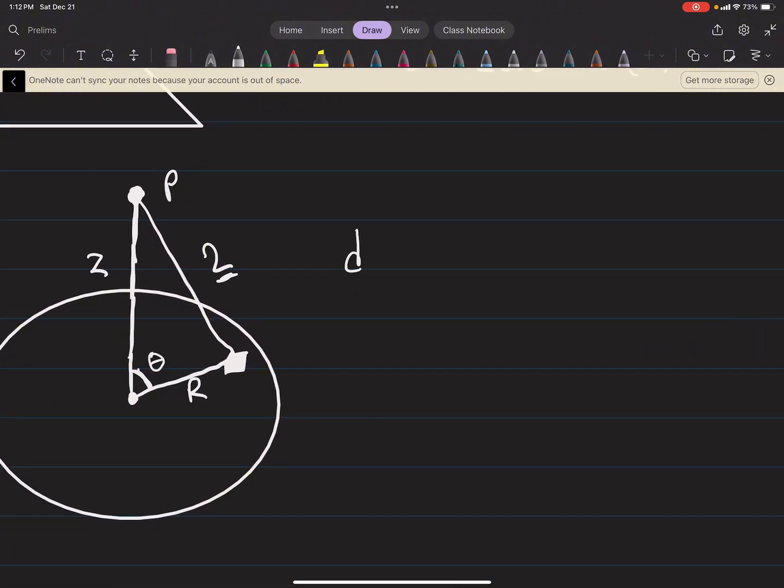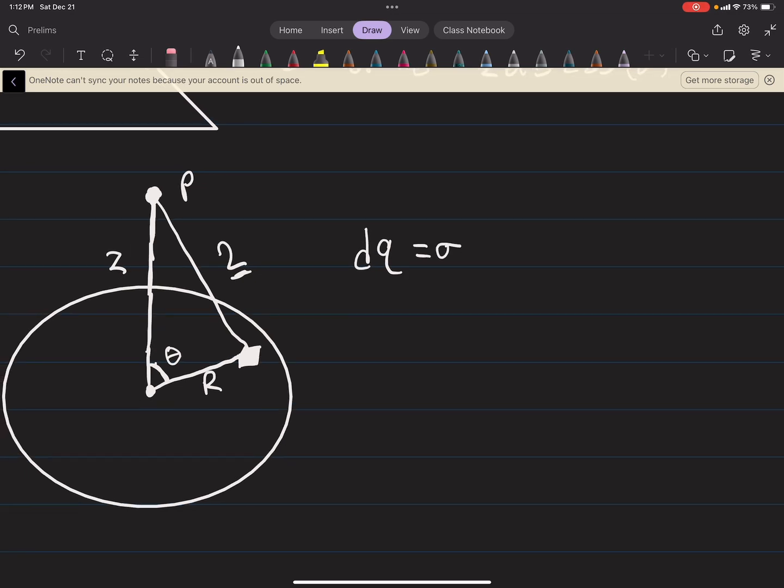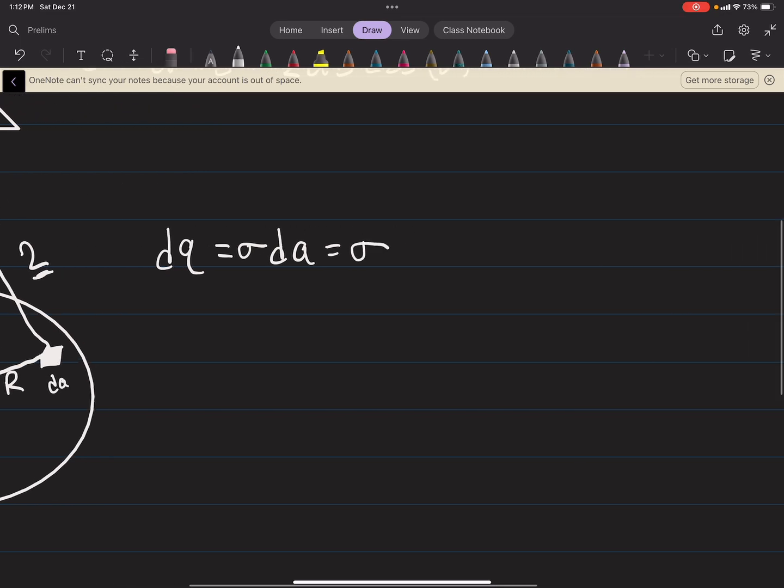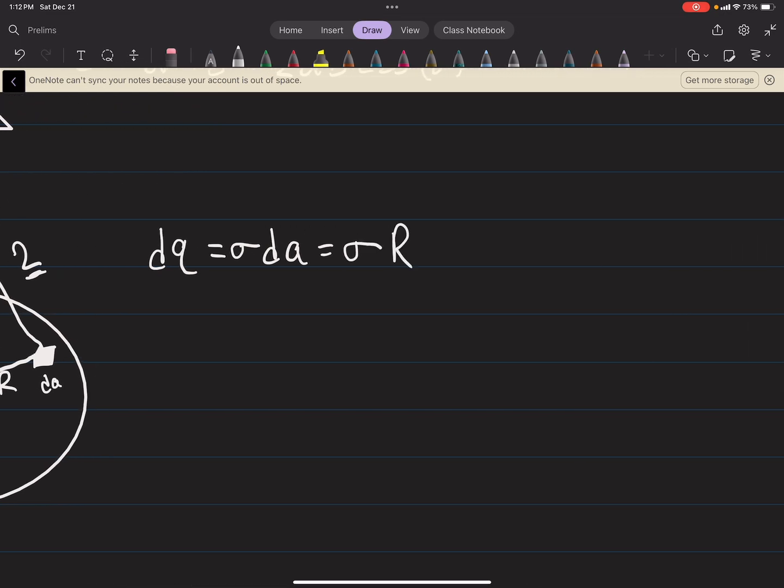First off, that little bit of charge is sigma dA. So that's your charge distribution times that little chunk of the surface area, dA. Our dA in this case is r squared sine theta d theta d phi.